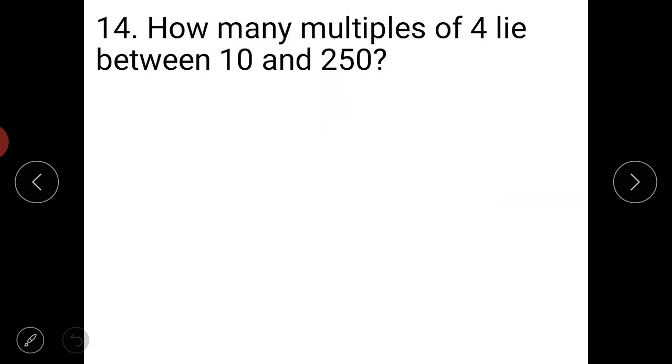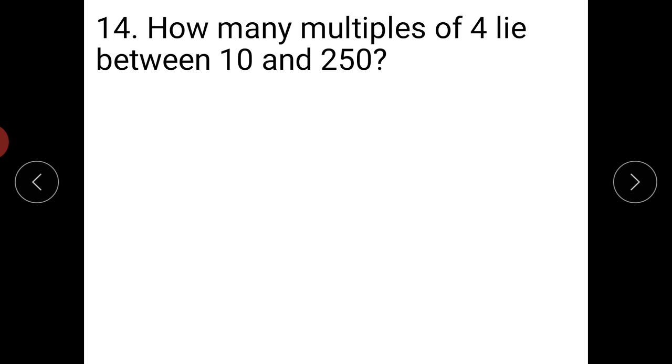How many multiples of 4 lie between 10 and 250? Multiples of 4 means the numbers which are divisible by 4, or the numbers which have 4 as a factor.